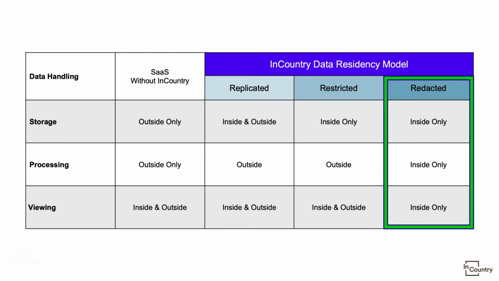Whenever records that contain regulated data are created, updated, or deleted, the request must go directly from the application interface inside the country to the in-country point of presence. When a user inside the country wants to view the regulated data, it must read the data from the in-country data store. The data cannot be transferred outside the country for processing, so any server-side processing must be re-implemented as serverless functions.